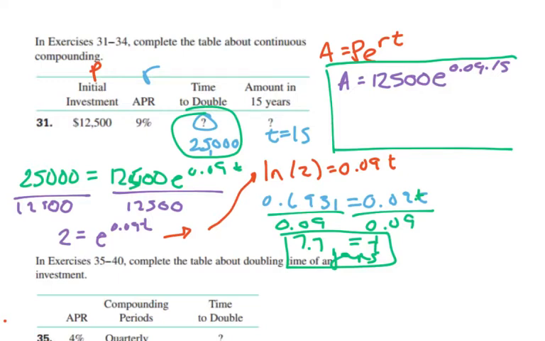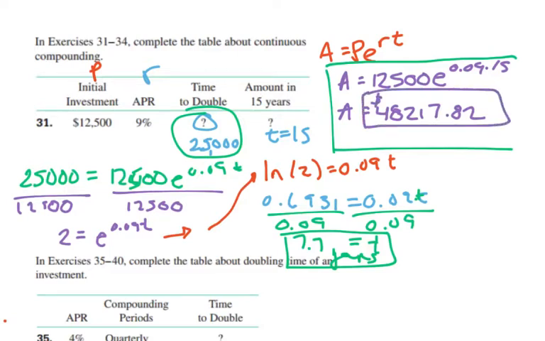So e to this exponent of 0.09 times 15, and then that value times 12,500 is going to make your A, the amount after the investment, $48,217. That makes sense because after 7 years it doubled, so of course after a much longer time of 15 years, hopefully it's going to do more than just double there.